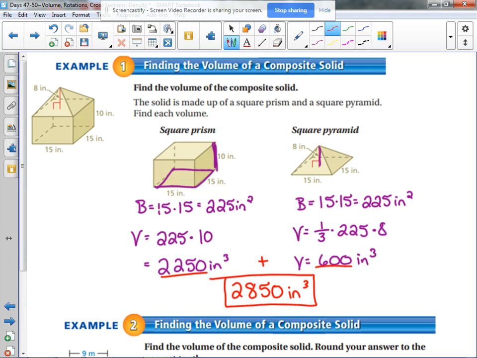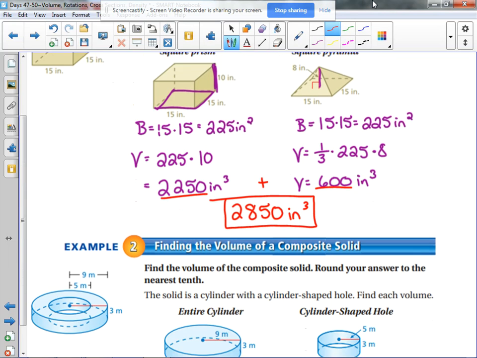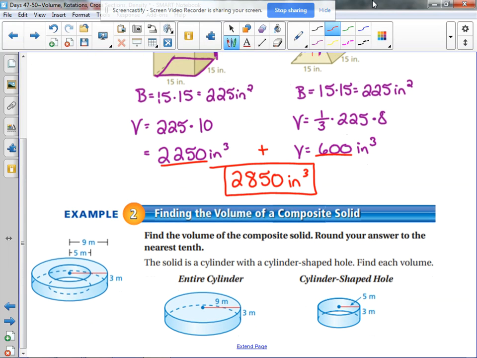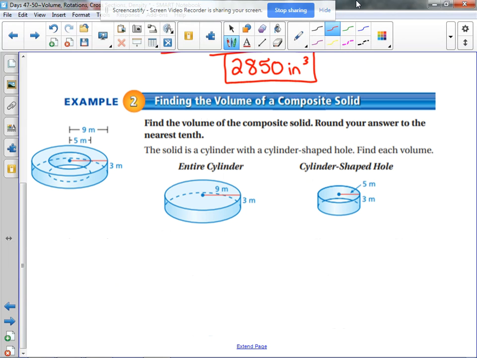If you look at example 2, it's a little bit different of a twist. Example 2 is not putting two shapes together. This composite over here on the left, we have taken out a piece in the middle. So if you look at this as one solid piece, we have an entire cylinder, and then we have removed a cylinder from the middle to create that hole.